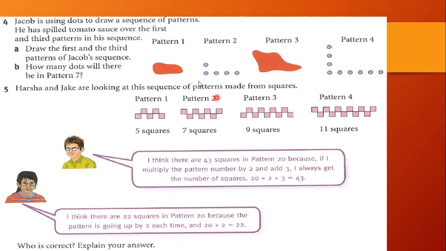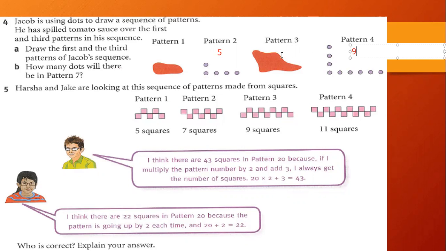Now here we have how many numbers? 1, 2, 3, 4, 5. And here we have how many numbers? Let me write here. Here we have 5, and here we have 2, 4, 6, 8, 9. Here we have 9.